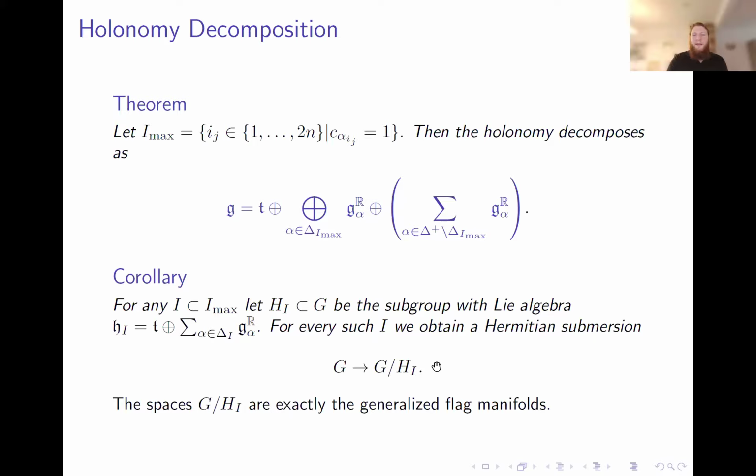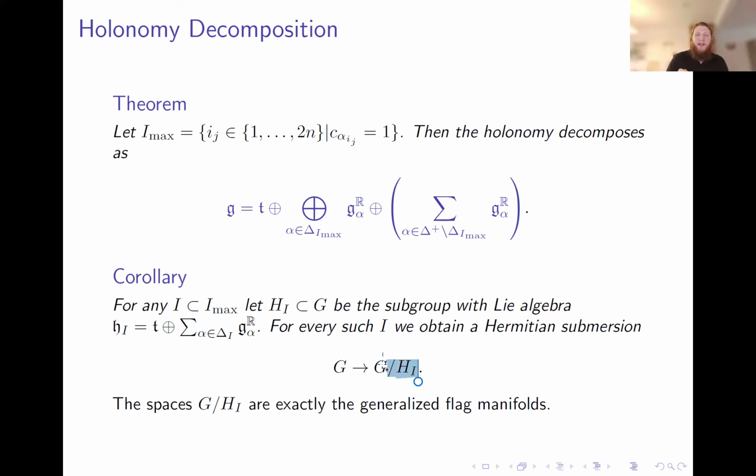By the arguments we had before, you have to check, of course, that the conditions are satisfied, that on the base you again get a complex structure, and that the Bismut connection on G projects to the Bismut connection on this G mod HI.